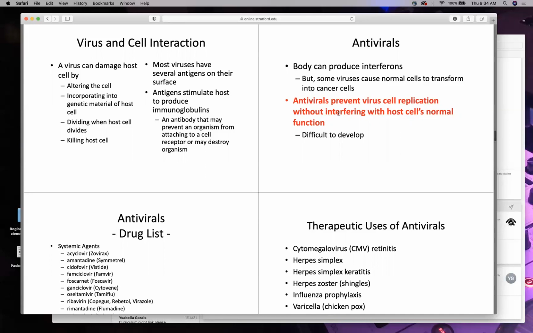So we have antivirals. One kind of antiviral, and we already know this, will block the replication without interfering with the host's function. So it only blocks the viral DNA and RNA. It doesn't block the host DNA and RNA.